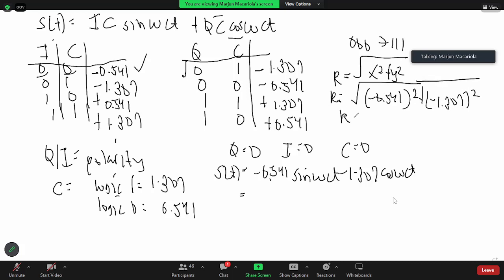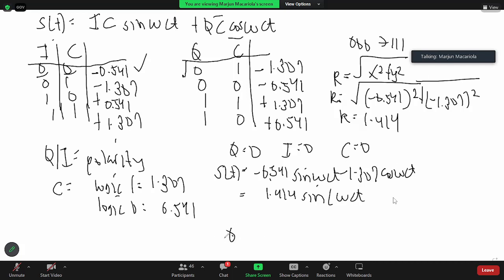So, R is equal to 1.414. Dahil doon sa ating transmitter side, siya ay naka-positive 90, so ang magiging output natin ay in terms of sine. So, this is 1.414 sine omega c t.